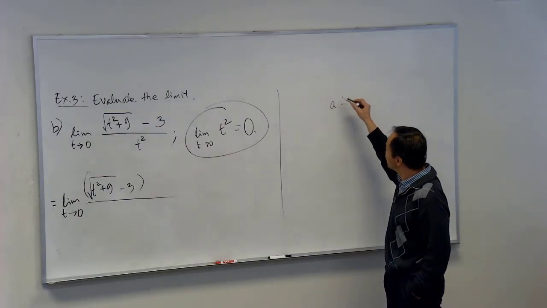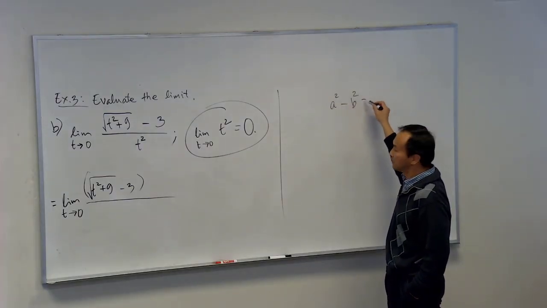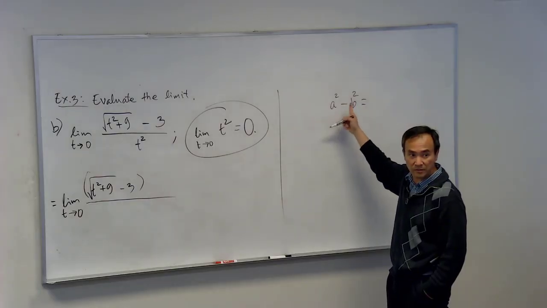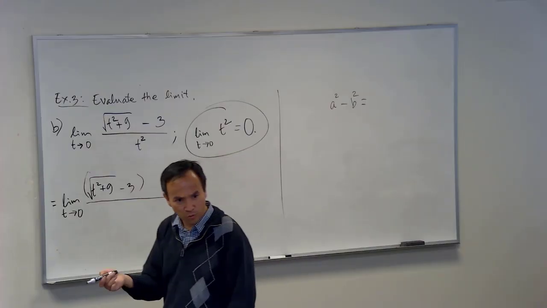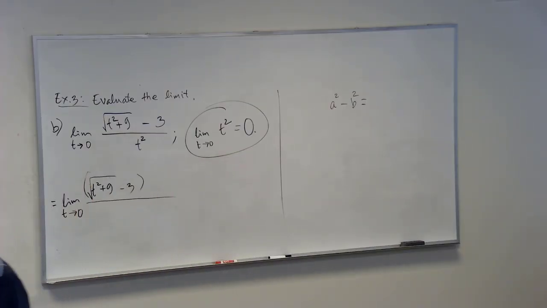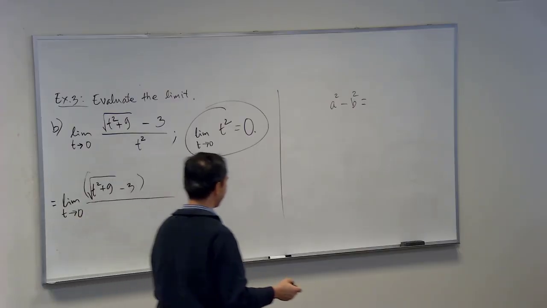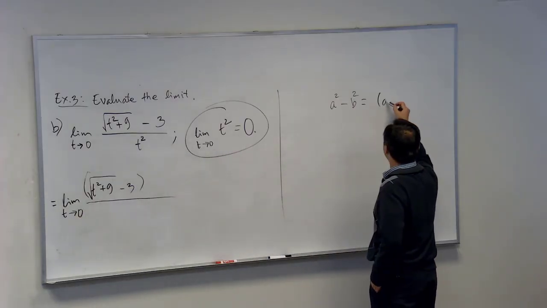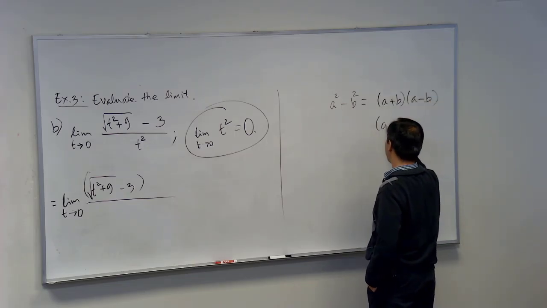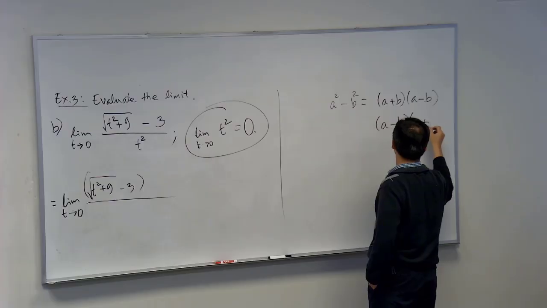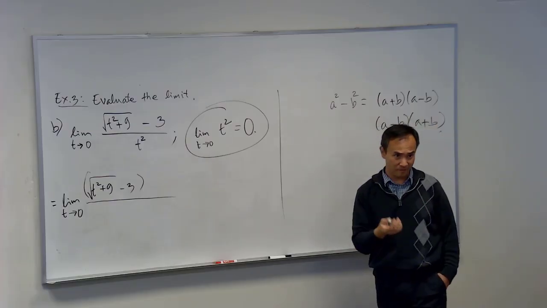If you have a difference of 2 squares right here, you guys remember the factored product of this? If you have a difference of 2 squares, how do we factor that? A plus b times a minus b, right? Yes? A plus b times a minus b. And in my case, I prefer writing a minus b times a plus b, but it's the same way. See what I'm saying now?